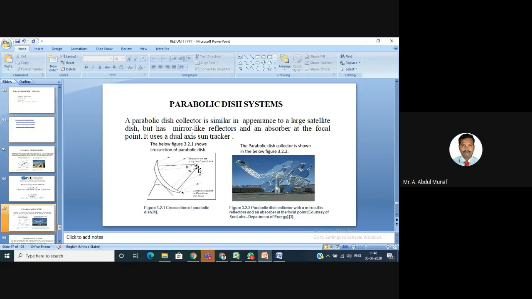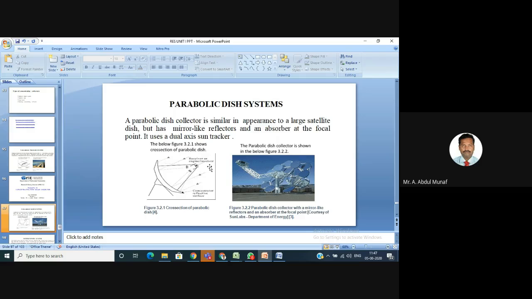The working principle is the same as the previous collector, the parabolic trough collector. Solar radiation falls over the parabolic dish, after that it is reflected. The reflected rays are collected at the receiver, and from the receiver we can take the output.